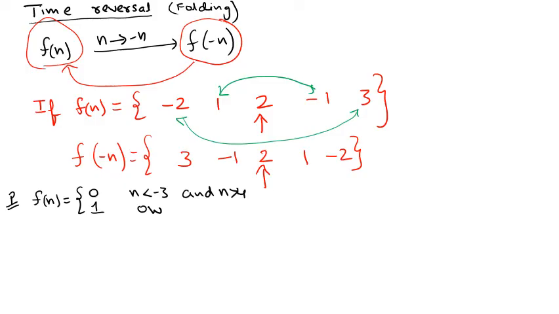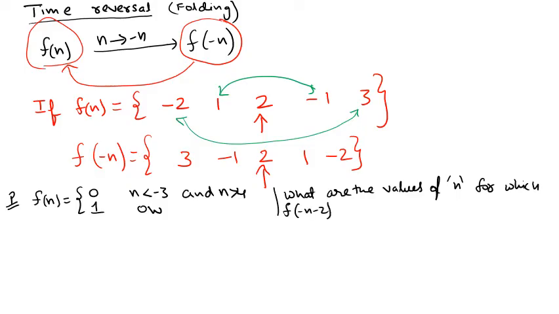So the question is, what are the values of n for which f of minus n minus 2 is 0? Okay, so let's solve this.